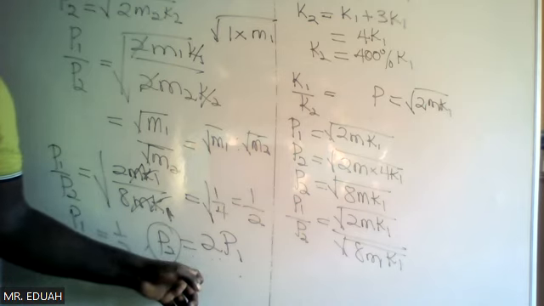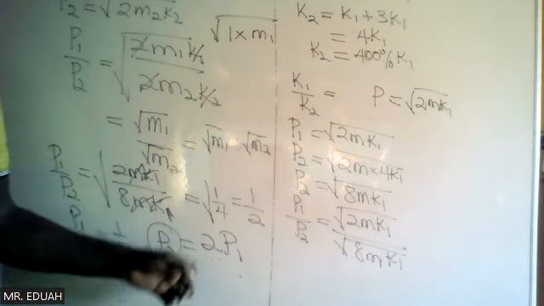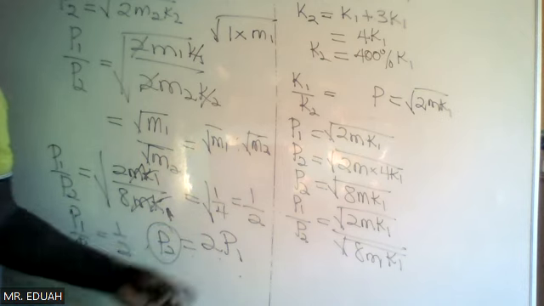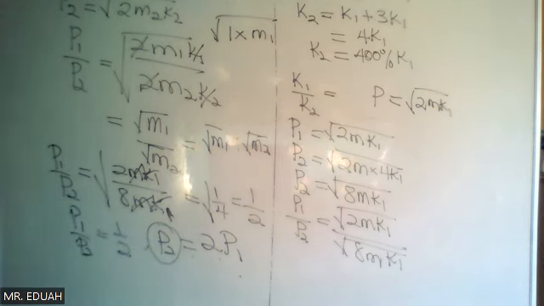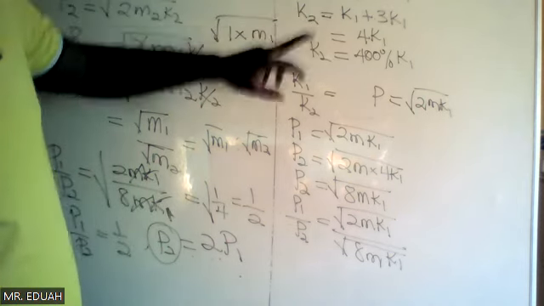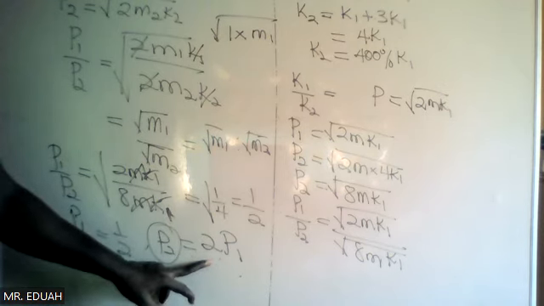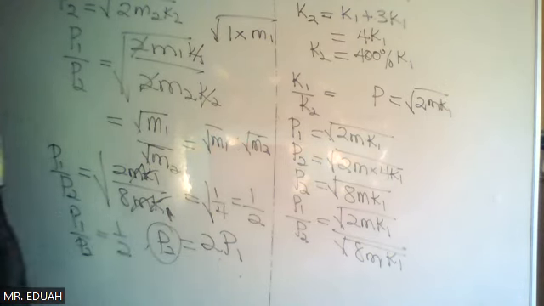So 2 will be what? Oh, 2 is 200%. What it means is that if you increase kinetic energy by 300%, its momentum would increase by 200%.